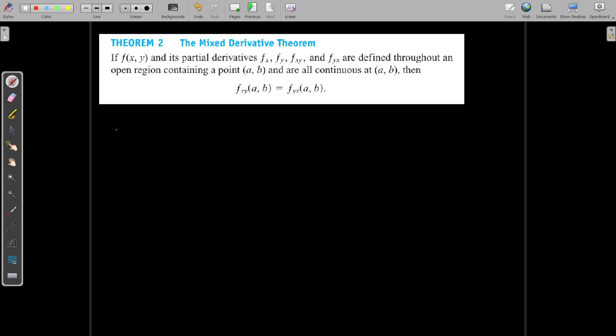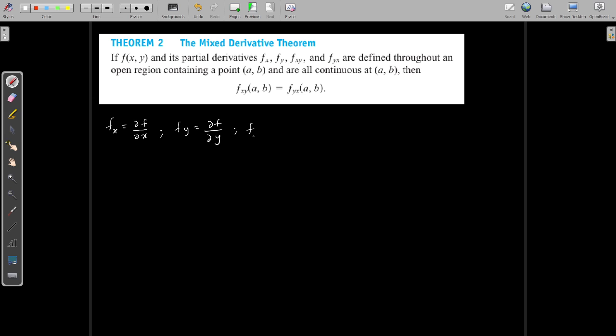That means fx stands for the partial derivative of f with respect to x, and similarly fy represents the partial derivative of f with respect to y.